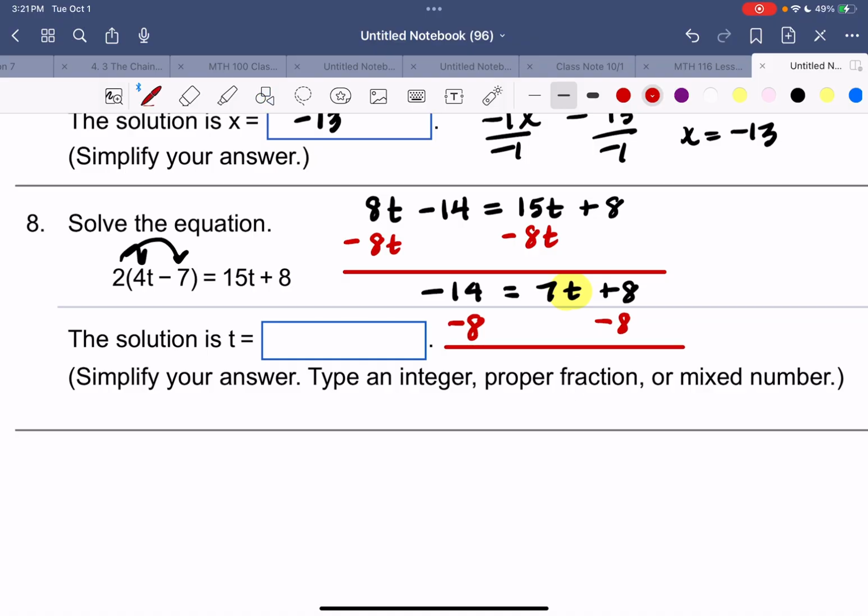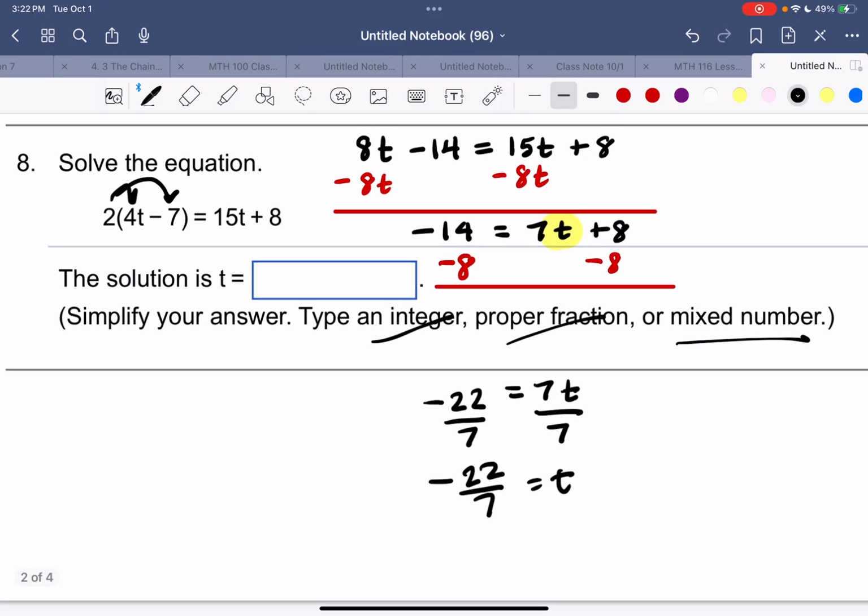And I get a minus 22 equals 7t. Since that's multiplication, I need to divide. Negative 22 over 7 is my t value. But that's not a proper fraction. It's not an integer. I need to change it to a mixed number.